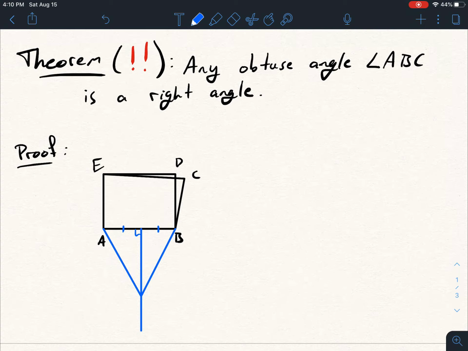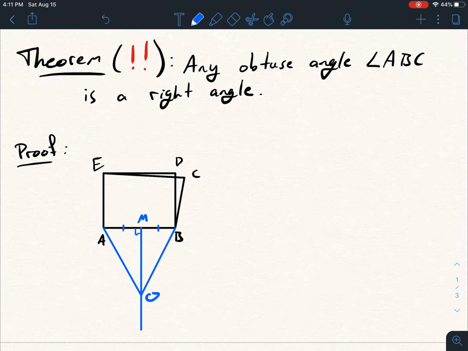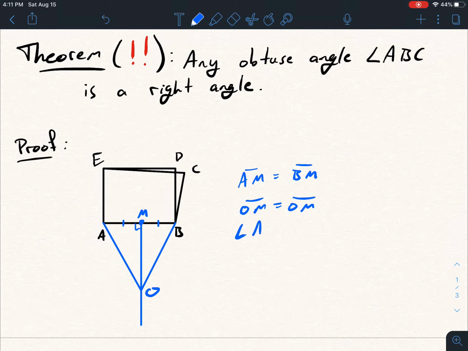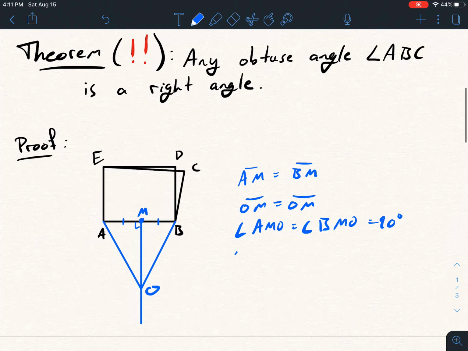And the reason for this is that, if I call this point O right here, and I call this point of intersection M right here, AM is equal to BM, and then, of course, OM is equal to OM, and then angle AMO is equal to angle BMO, because they're both 90 degrees.